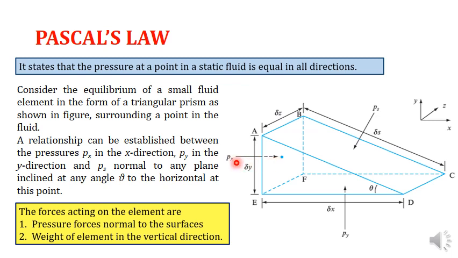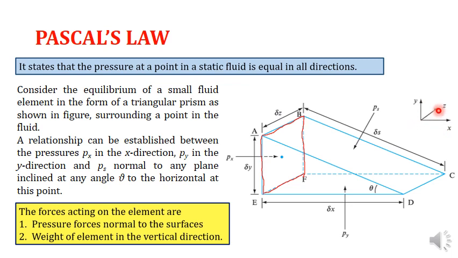The first force is Px, acting on the face A, B, E, F. A, B, E, F is the plane normal to which you can see this force Px applied. If we highlight this plane, we can see this is the plane. Your force is in the horizontal, x direction.